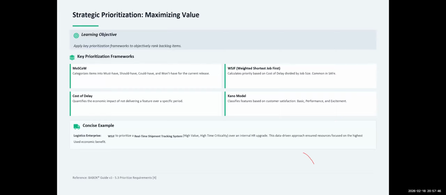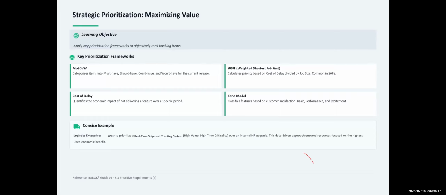Okay. Now the next one is cost of delay. Some of these actually require calculations, right? And sometimes they are expressed in numbers. If you want to go advanced level, you can see how it is done. I think cost of delay and also WSJF are expressed in numbers, right?